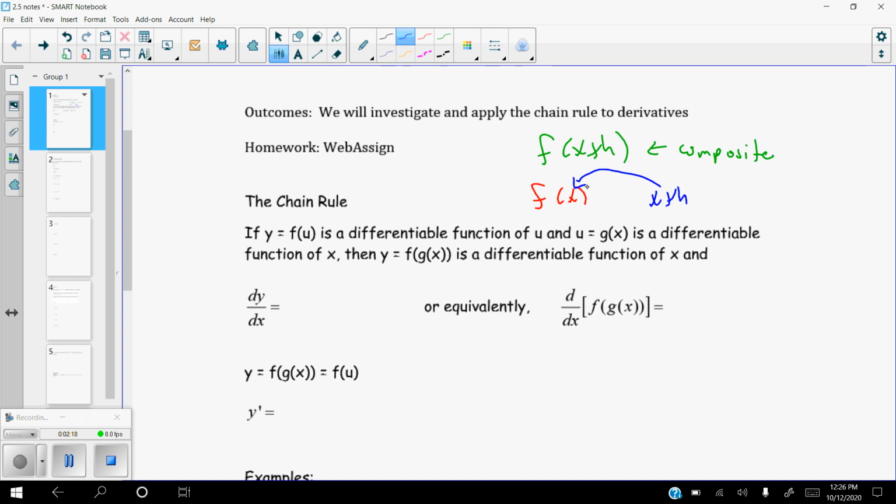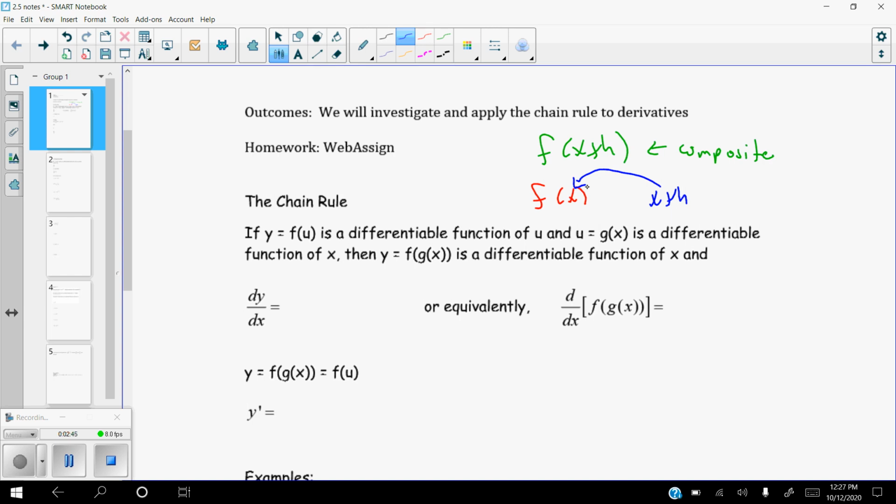So if we have y, which is a function of u, and we know that it's a differentiable function, and then we have u, which is a function g of x, and it's also a differentiable function of x, then if we take y to equal f of g of x, which is the composite function, and we know that that's a differentiable function as well, then this is the way we would write the derivative.